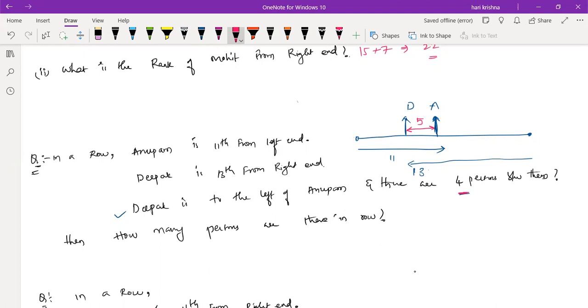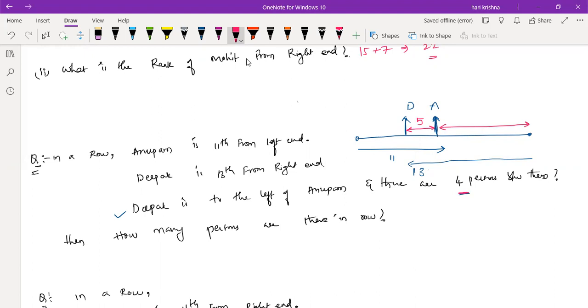Okay, now here to here it is 13. Then what about here to here? What is this value?